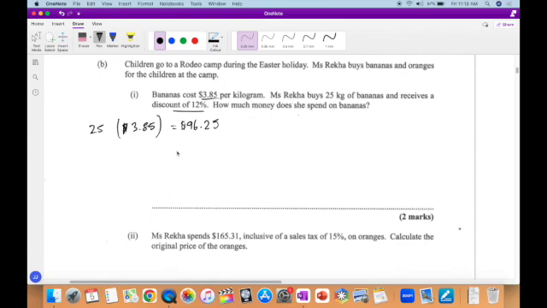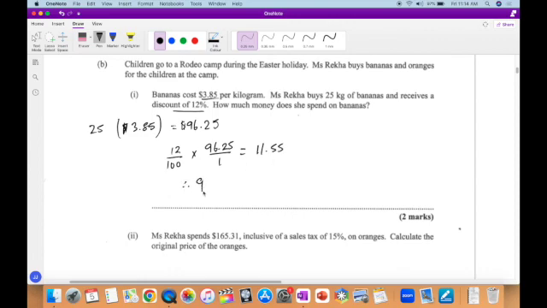So we just have to find 12% of 96.25. And on the calculator, that will be 0.12 multiplied by 96.25. That'll give us about $11.55.